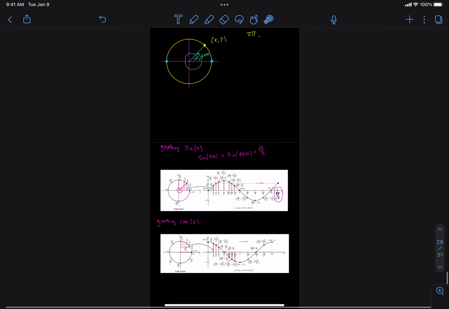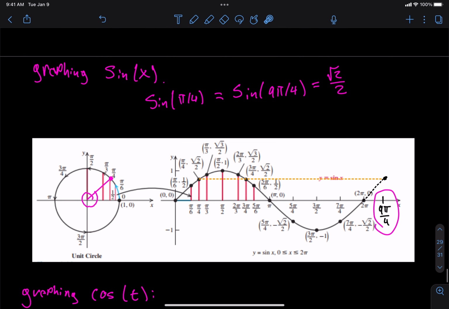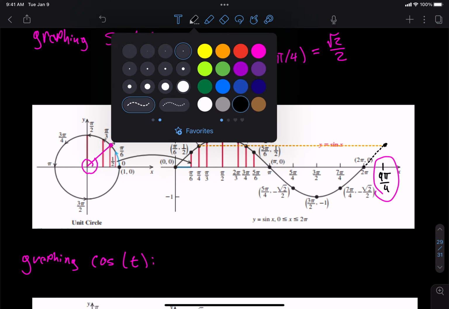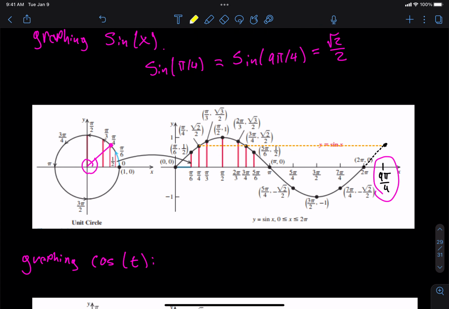It would look like something like that. Yeah? Like an infinitely repeating wave. Okay, so this is how we get the graph of sine of x.